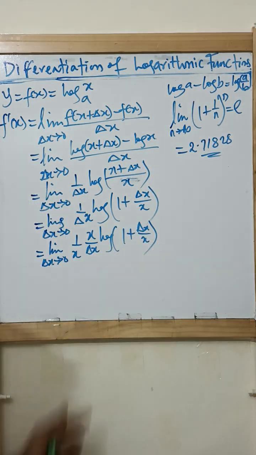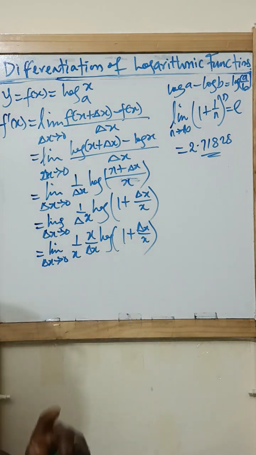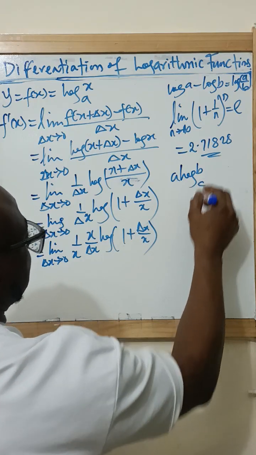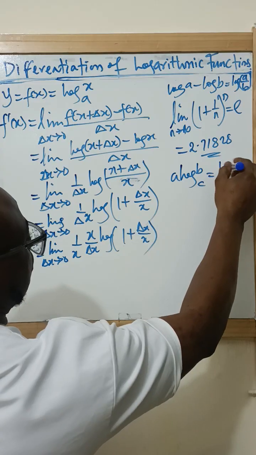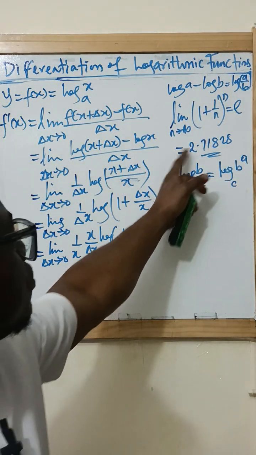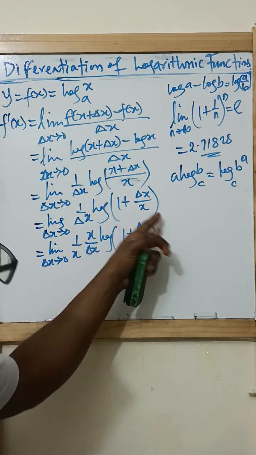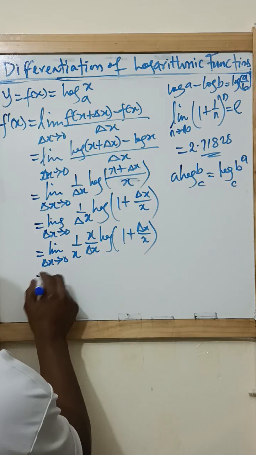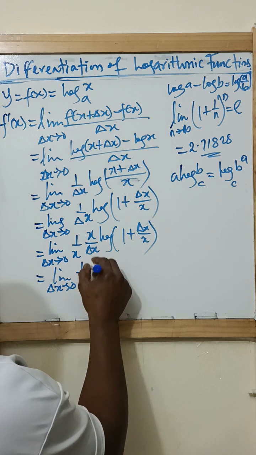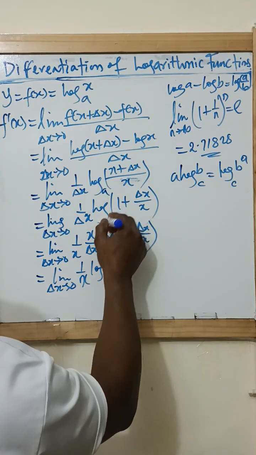We know that there is a particular law in logarithm that says a log b to base c is going to be log b raised to power a to base c. That is, this a is going to be raised to this power, right? So we can as well take this one to this place as a power, and that's going to be the limit as delta x tends to 0 of 1 all over x log, and we should not forget that this one is to base a, to base a.